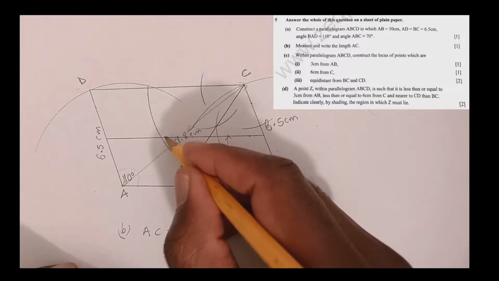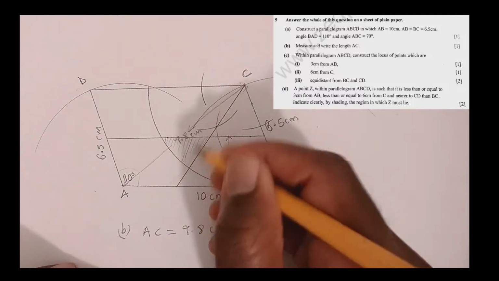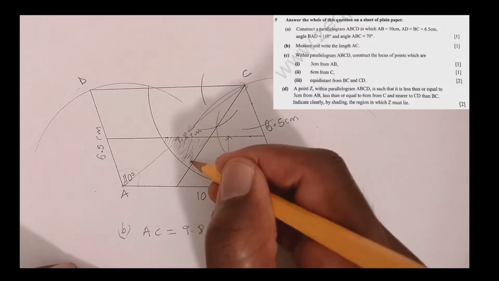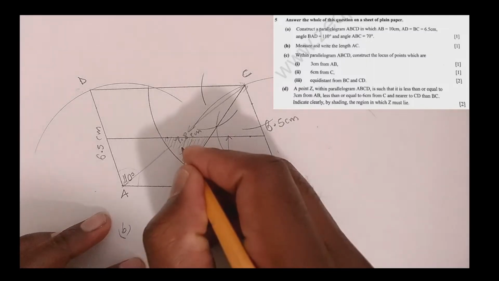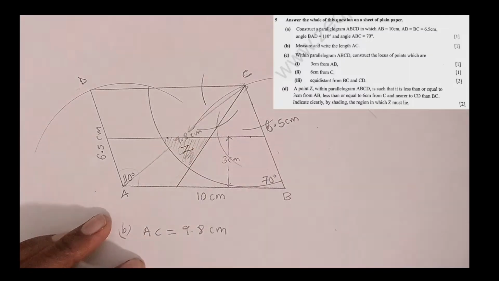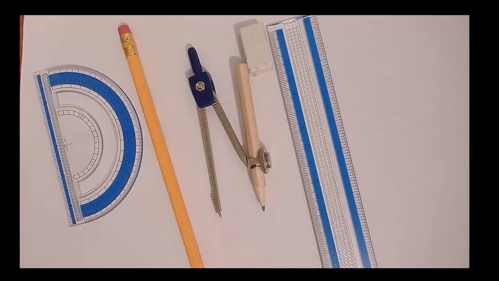So clearly this is the region of interest. Okay, and they said, indicate by shading the region in which Z must lie. We shaded and we can write our Z in here. All right, so we're done, right? The last part was like 2 points, and this is the end. We are done, guys.